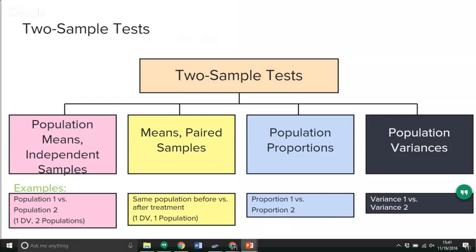This contrasts with paired sample t-tests, in which you have frequently two dependent variables with one population. So paired sample t-tests means that there are two different measures related by the same population, which means that one person is measured twice.